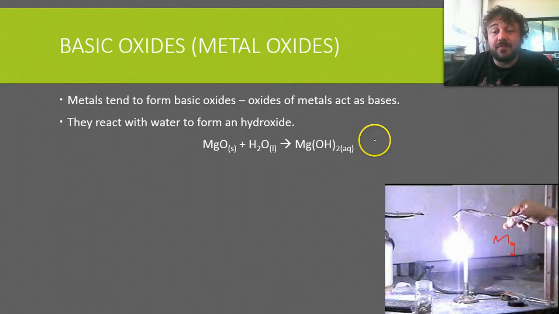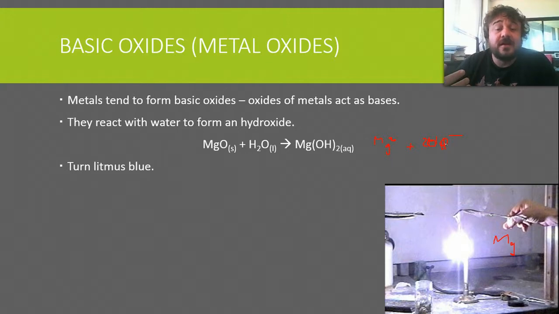And of course, if we were to break that down into its ions, we get magnesium ions plus 2 hydroxide ions. Oh, it should be OH. My bad. You get the point. They turn litmus blue.